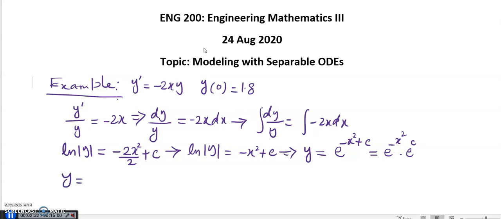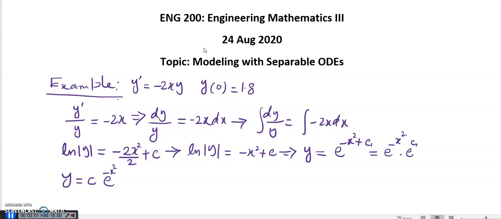If I say it is c1, that arbitrary constant e power c1 is also equal to another arbitrary constant c. So y equals c e power minus x square. This is the general solution of the differential equation.